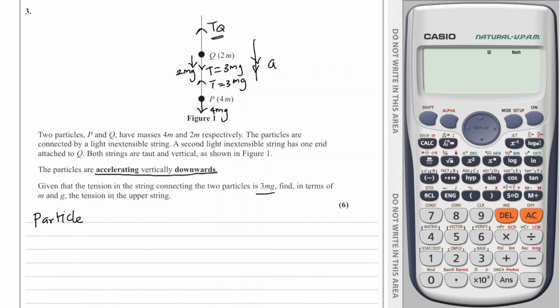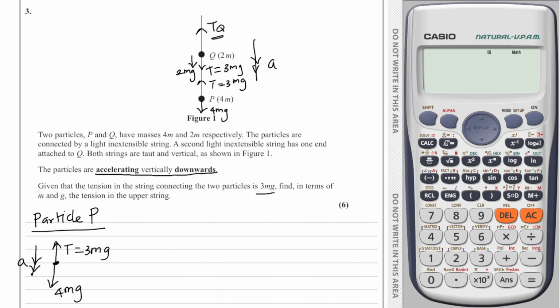So I take particle P. This particle P has a 4mg weight force downward and only one tension upwards, that is T equal to 3mg, and the particle is moving downwards.